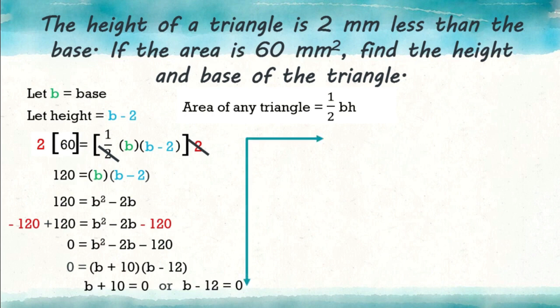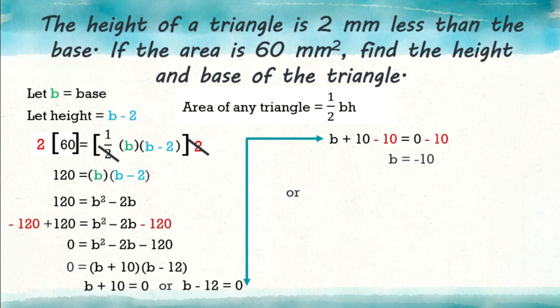And then, use additive inverse. Opposite of positive 10 is negative 10. So we have b plus 10 minus 10 equals 0 minus 10. Simplify, so we will have b equals negative 10.